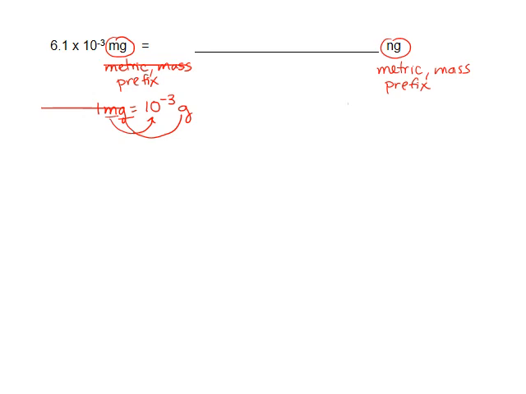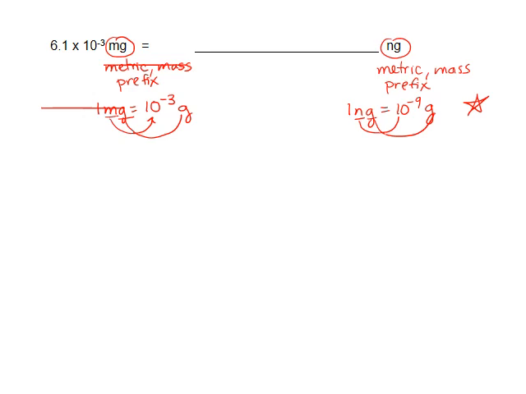For nanograms, 1 nanogram, again nano means 10 to the minus 9, 10 to the minus 9 what? 10 to the minus 9 grams. Again, this step of writing the equalities is the most important step in doing conversion problems. You must make sure that you have a true equality to solve your equations.